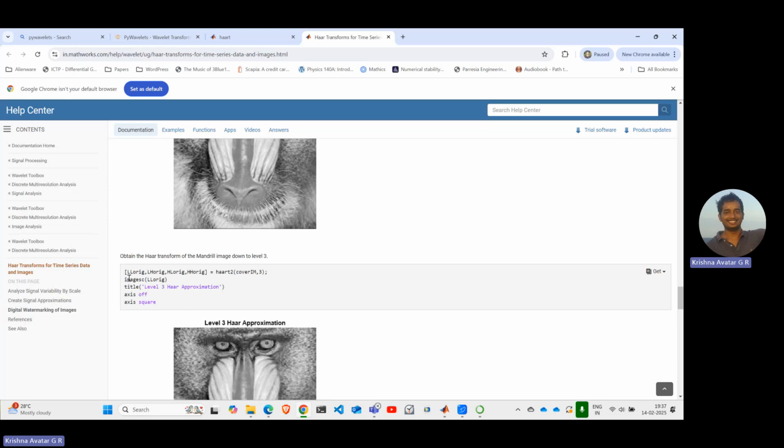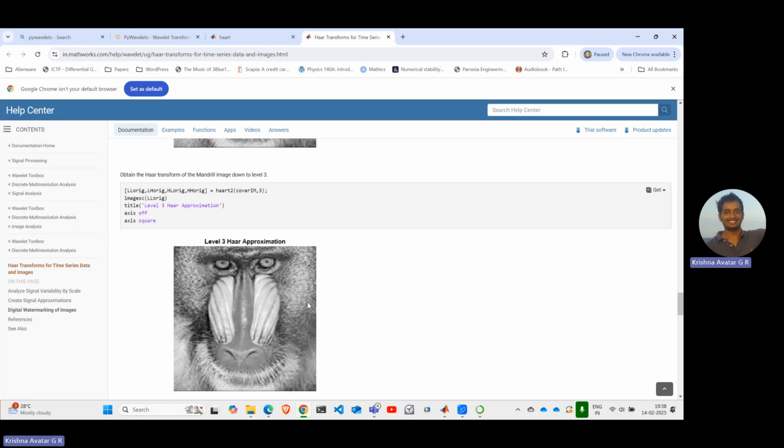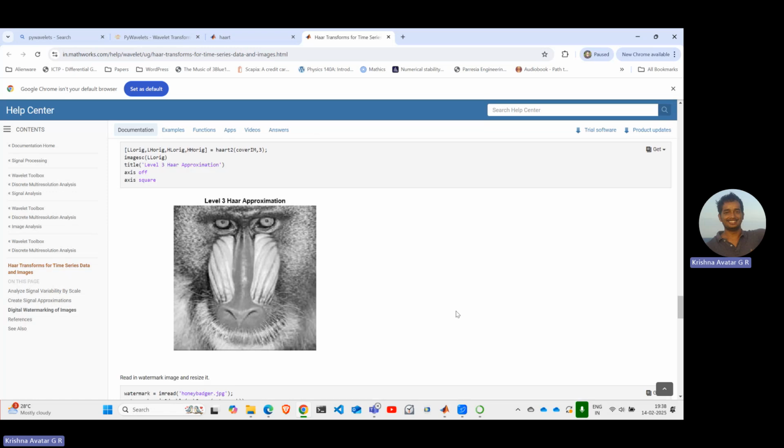LL is the low pass filter, and you are applying it twice, going further into this. So this gives us the approximate image, and likewise this gives us the horizontal edges, HL gives us the vertical edges, and HH gives us the diagonal edges, right?